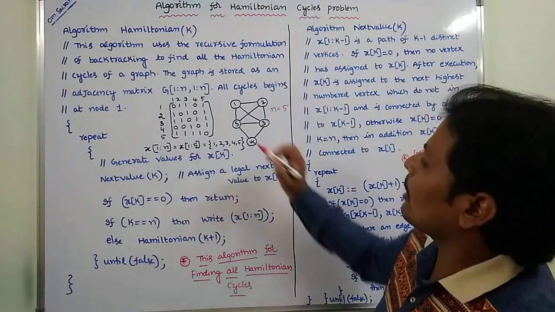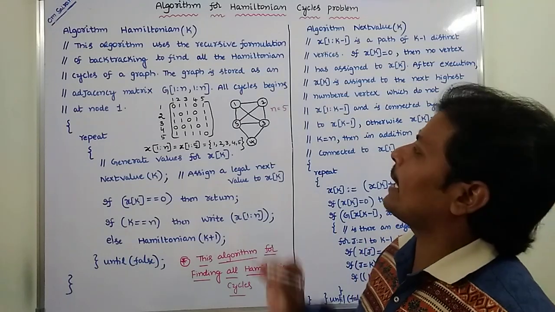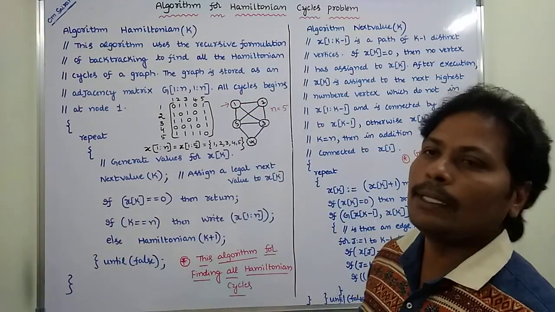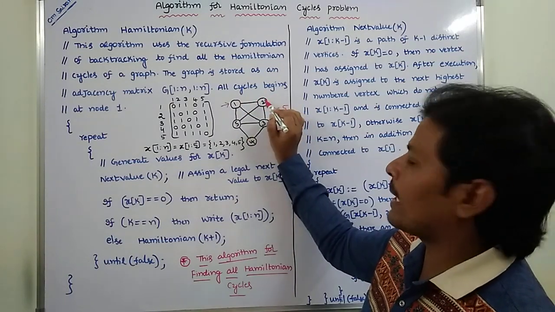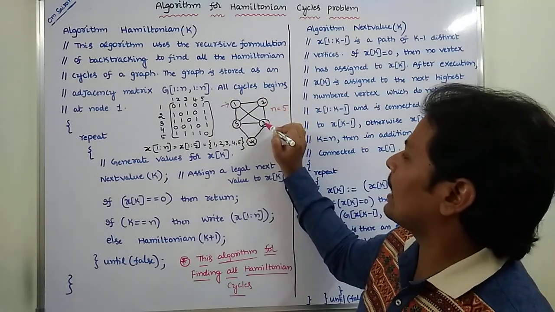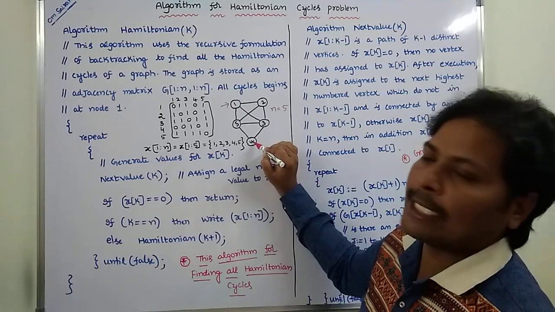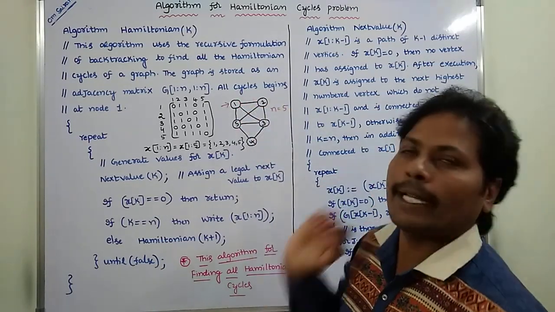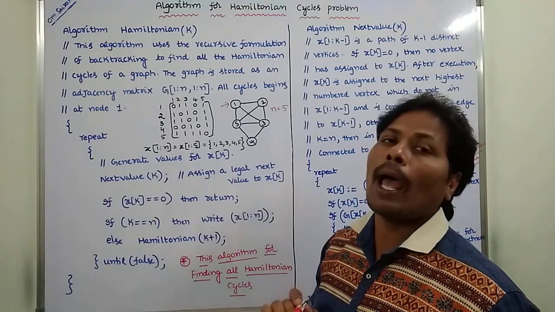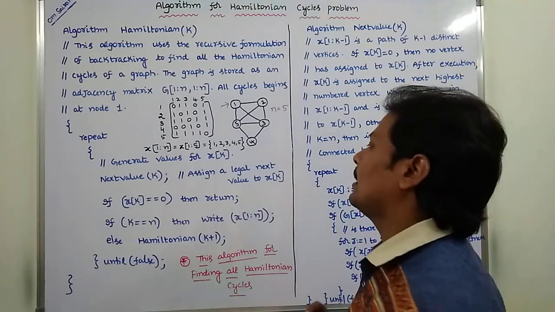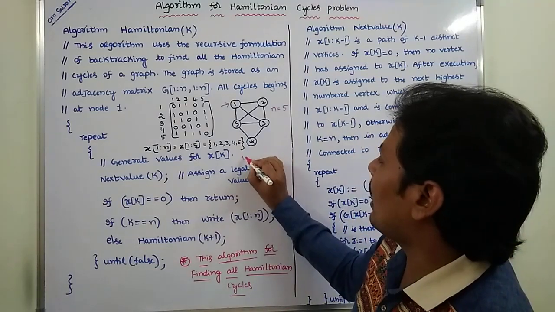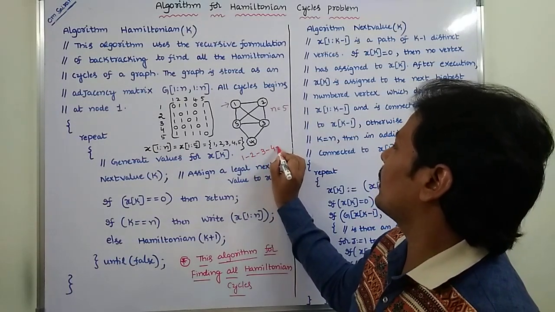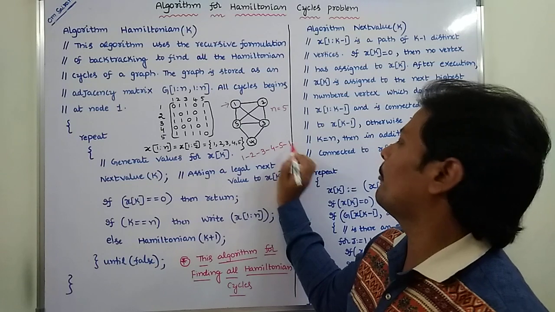Here one Hamiltonian cycle is: we start at vertex 1, then go to vertex 2, then vertex 3, then vertex 4, then vertex 5, then go back to vertex 1. This is one Hamiltonian cycle: 1, 2, 3, 4, 5, 1.